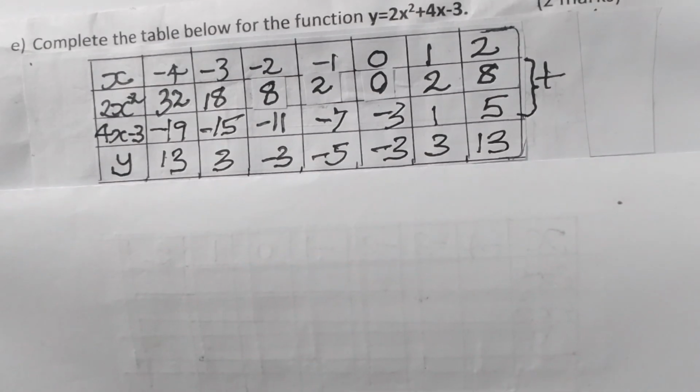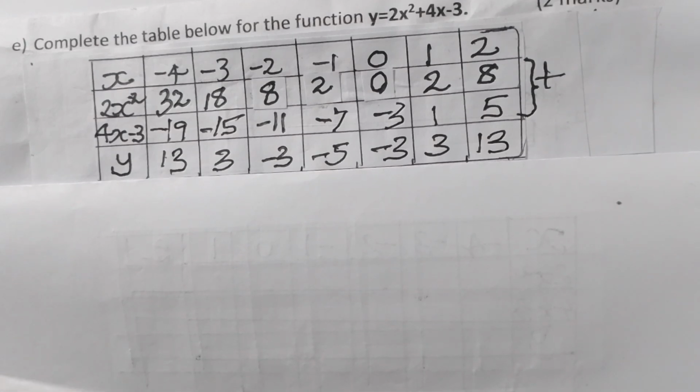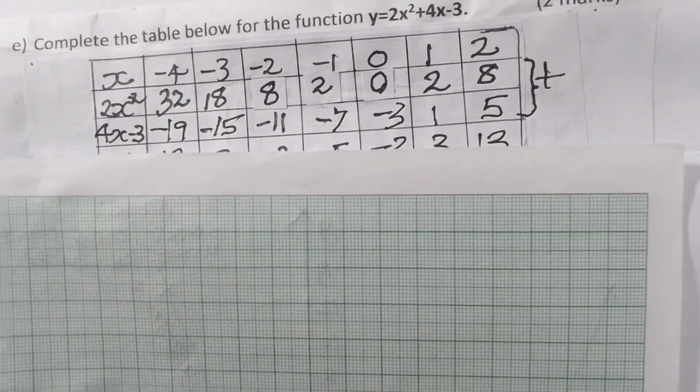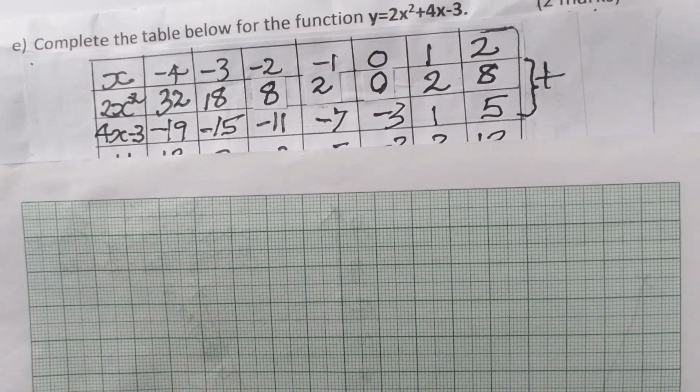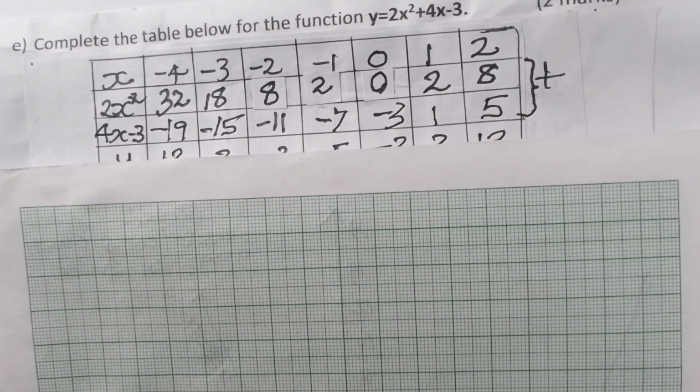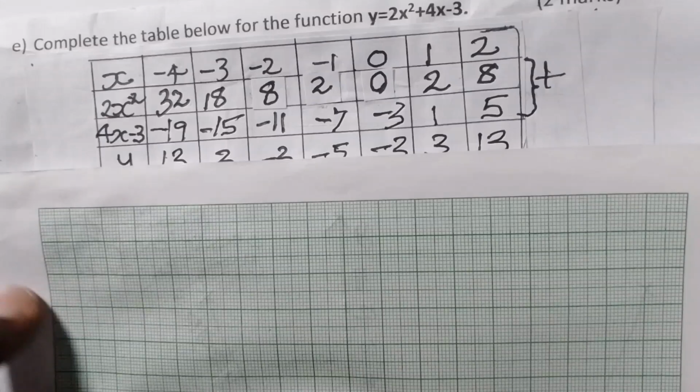So we are going to use a graph paper to do this, but in real sense, in the examination setup, the graph will be printed on the question paper you're going to use.